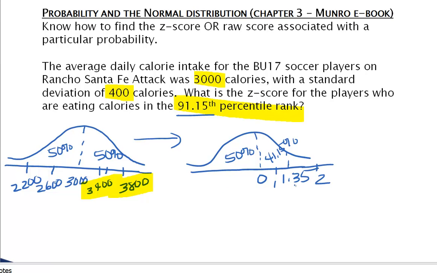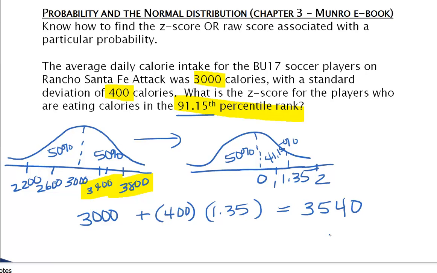But now it's not 1 standard deviation, but it's 1.35 standard deviations. So I just take that number and multiply it by 400 and add to it the original mean. And then I get my calculator out, and I say 400 times 1.35, and I get 540. 540 plus 3,000 is 3,540.